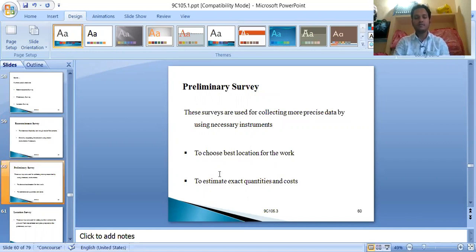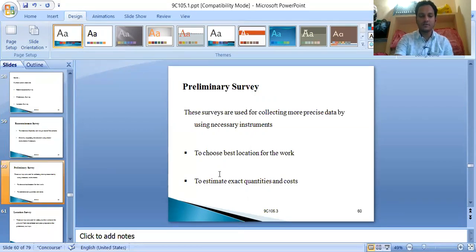Once the feasibility of the work is okay, then we have to go for the second stage, which is preliminary survey. In this, we have to use more precise instruments to collect precise data. It is to choose the best location for the work, and this survey is conducted to estimate exact quantities and costs.